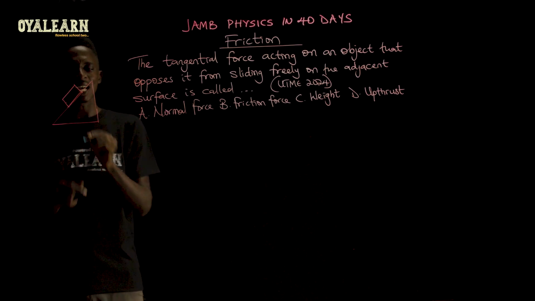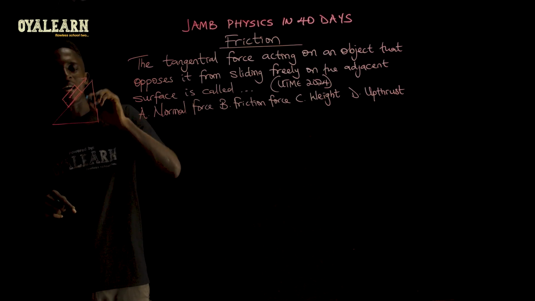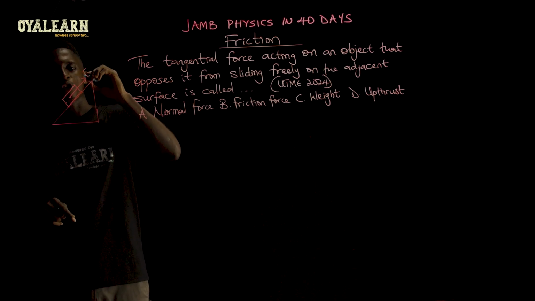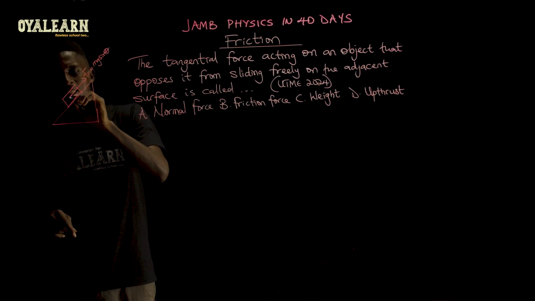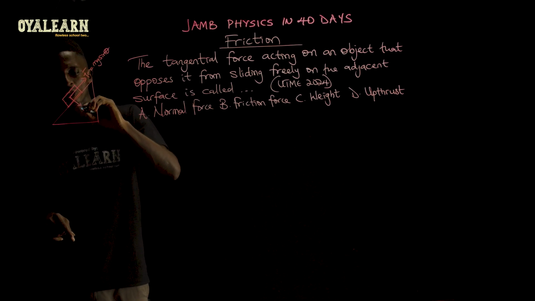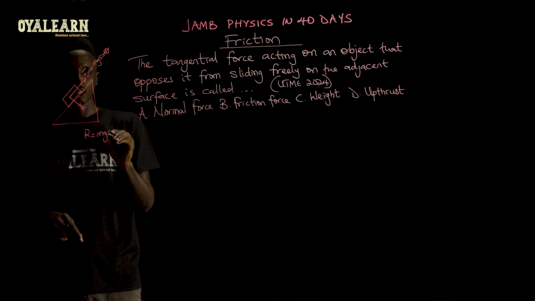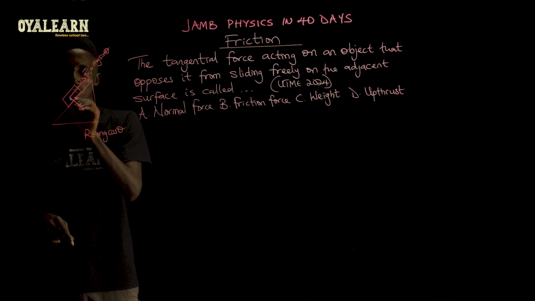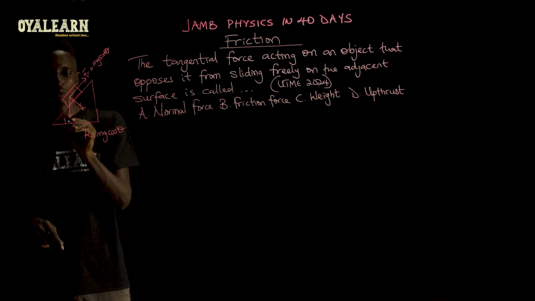Now, the force that keeps this from sliding down goes in this direction, and that is known as the frictional force, which is mg sine theta. And the force that is acting in this direction here is called the normal reaction R. And we know R is mg cos theta. While the force acting downward from here is the weight, which is mg.